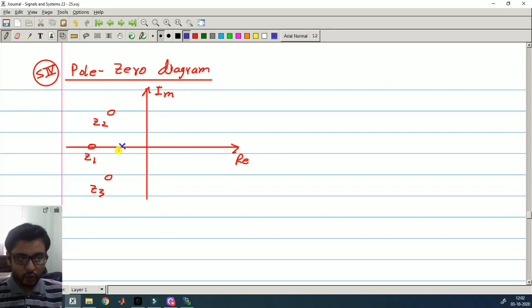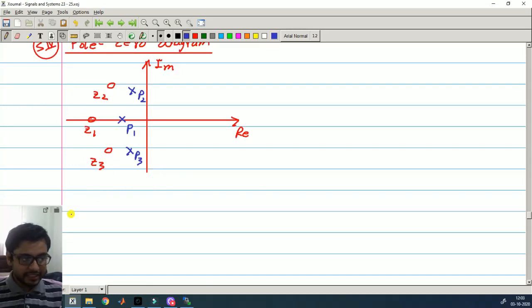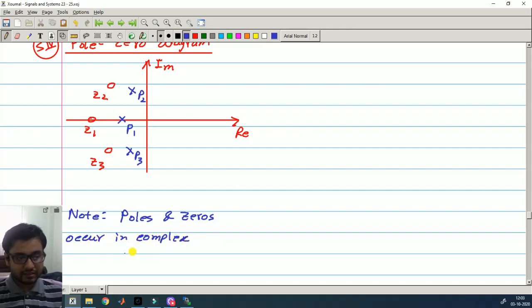Maybe this is one pole p1, maybe another pole is here p2, another is here p3, etc. Now, one important thing to note is this: poles and zeros occur in complex conjugate pairs.